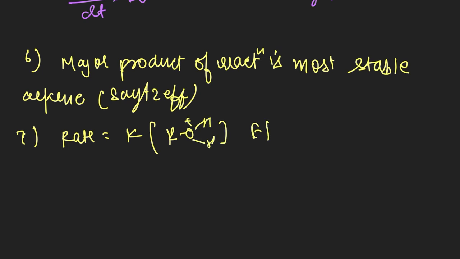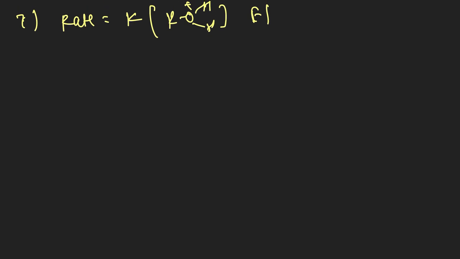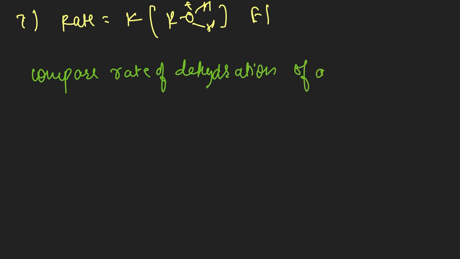Now let's solve the problem. Compare the rate of dehydration of alcohol. The rate of dehydration of alcohol we have to compare. First it is this OH, and this is OH.